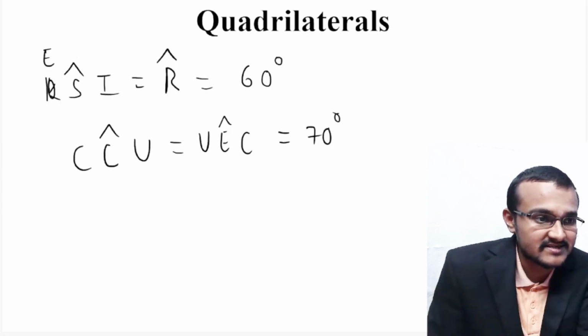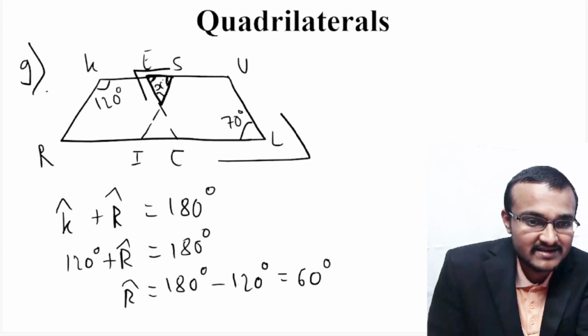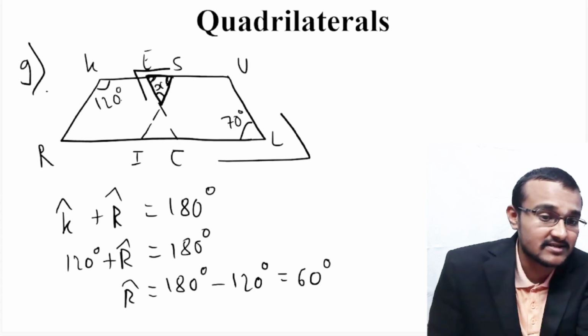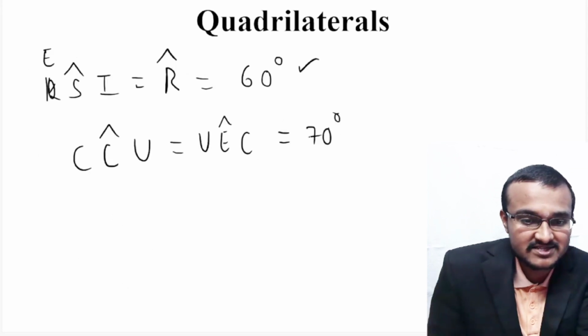Now you can easily see in this particular parallelogram, this is forming a triangle. Now you know the angle S, you know the angle E, and this particular angle you don't know, you should calculate this. So here you have found out that S is 60 degree and E is equal to 70 degree.